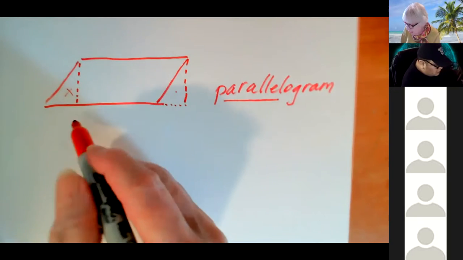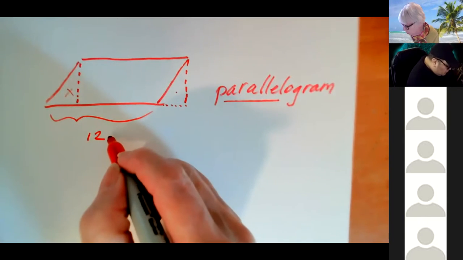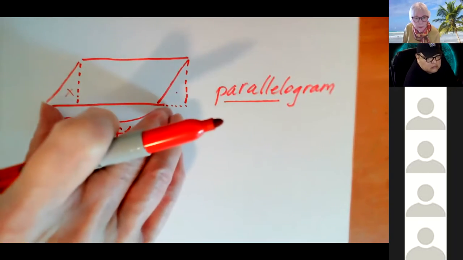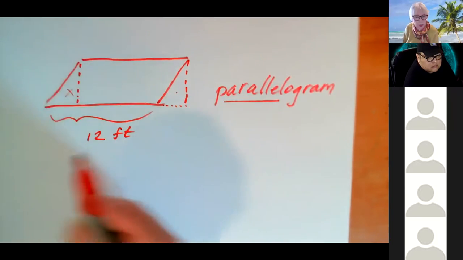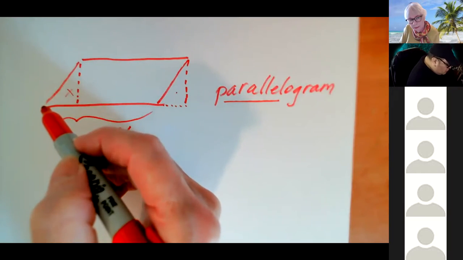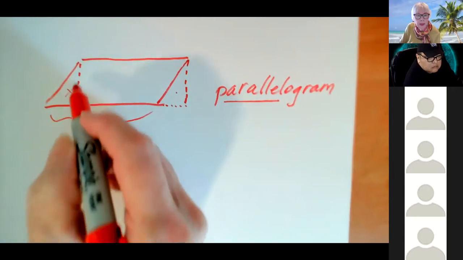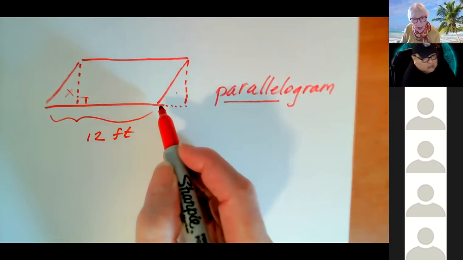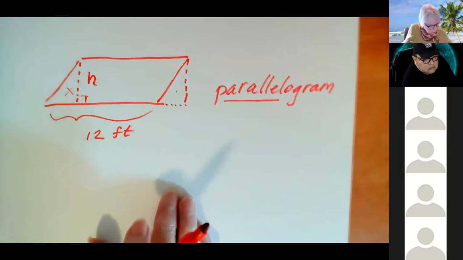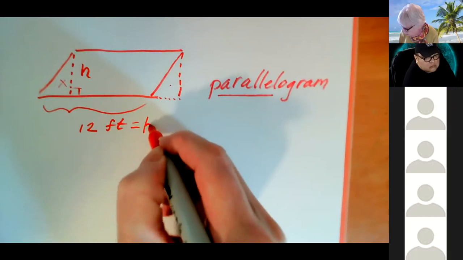So for instance, if this measurement was 12, let's say 12 feet, that would be the length. And so either you take this away and put it over here, you still have 12. The slanted line is not the one we need. The one we need is this one right here. This is the one that's perpendicular to this base. And so it's this measurement multiplied by this one. Typically, they call it the height. They would probably call this the base.